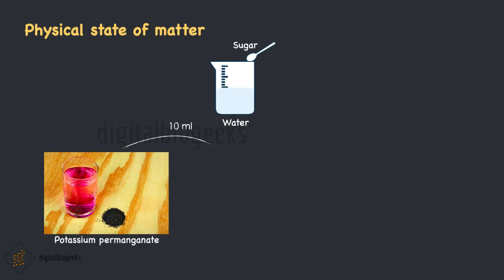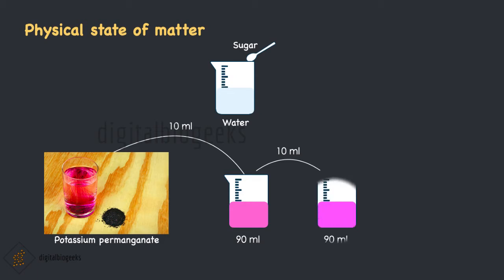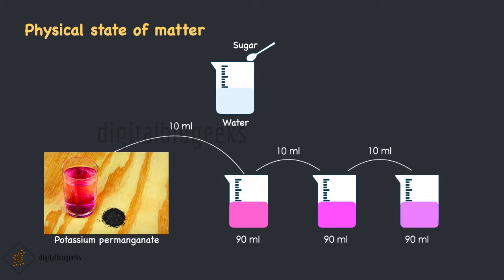From the first, take 10 ml of solution and add it to 90 ml of water in the next beaker. Again take 10 ml from this and pour it into the third, and repeat this till the fourth beaker. Then we can see the color of the solution becomes light, but still we can see the color of potassium permanganate.